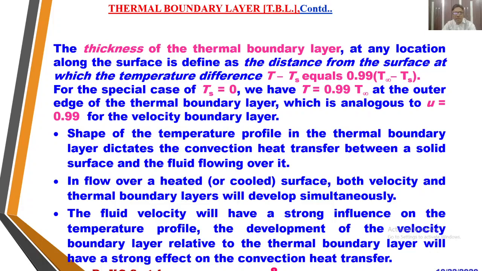The development of the velocity boundary layer relative to the thermal boundary layer will have a strong effect on the convective heat transfer. So basically, by virtue of formation of velocity boundary layer and thermal boundary layer, the convective heat transfer rate from surface to the fluid or vice versa will get affected. It also depends upon whether the thickness of the thermal boundary layer is more than the velocity boundary layer or vice versa.